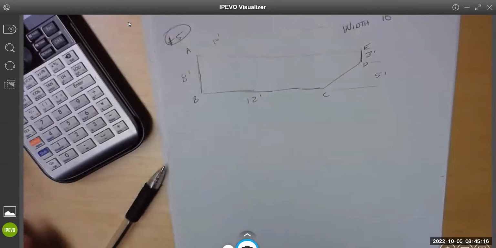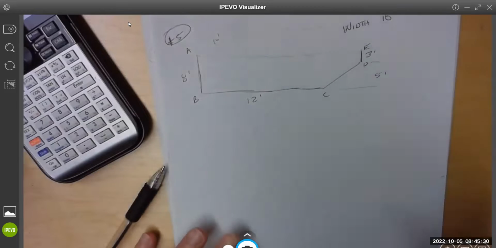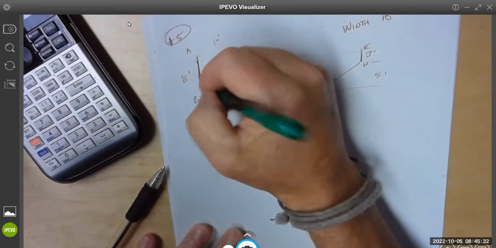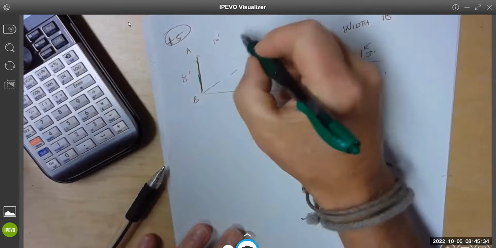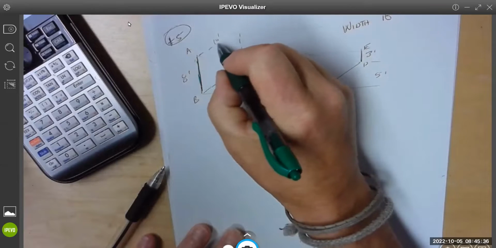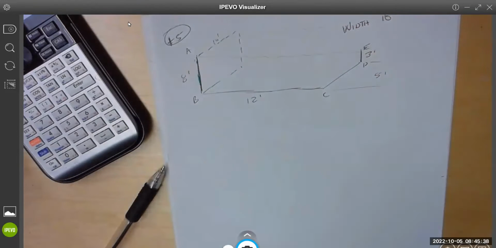So what they're asking for is the hydrostatic force on surface AB and to locate the center of pressure. So AB being this vertical surface, all along here. Everyone see that?